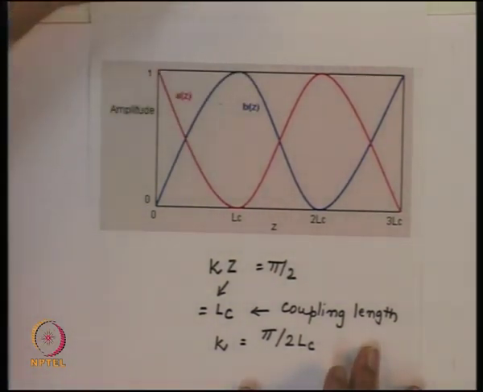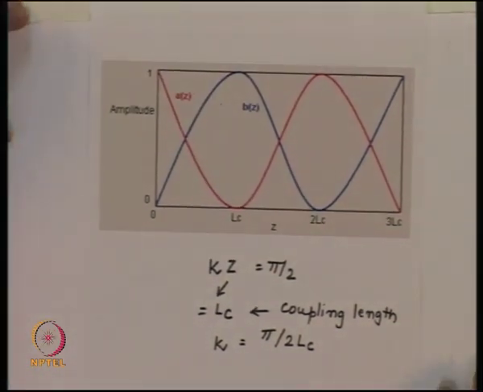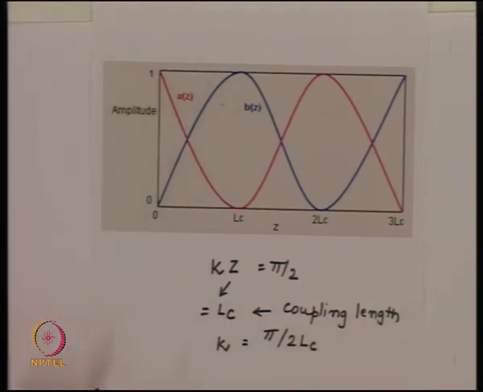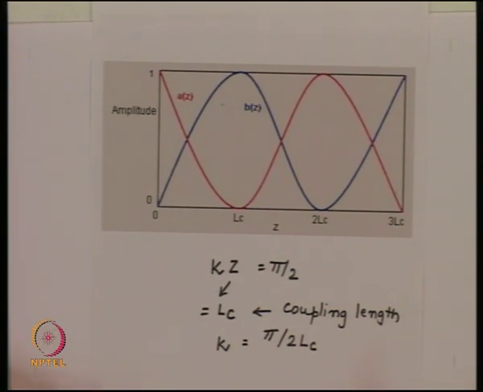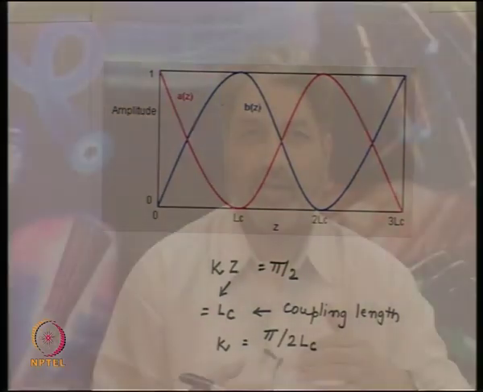So for this device, firstly we see there is a characteristic length over which the entire power is shifted from the first waveguide, which was originally excited, to the second waveguide. This length we call the coupling length, and the coupling length is related to this coupling coefficient. They are inverse of each other. So the larger the coupling coefficient, the stronger is the coupling between the two waveguides, and over a shorter distance this exchange will take place.